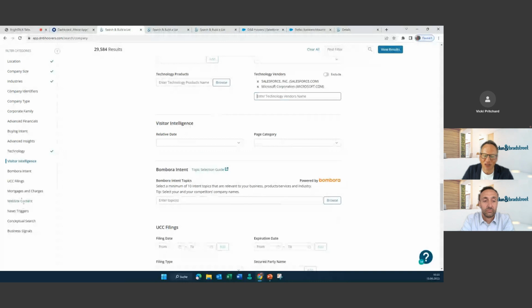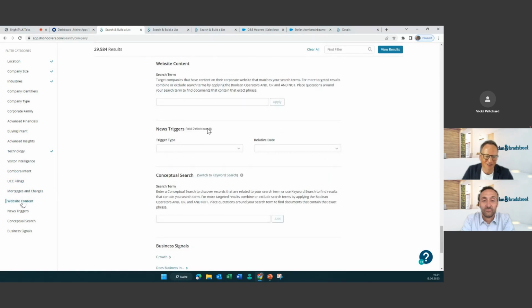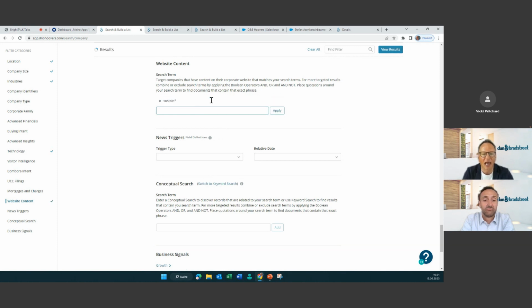Let's go for the website search. What is the website search? We scrolled all the websites from the companies worldwide, and we made an index on terms on their website. So, for example, if I'm looking for companies who have sustainability or sustainable growth on their website, well, I can enter any search term.